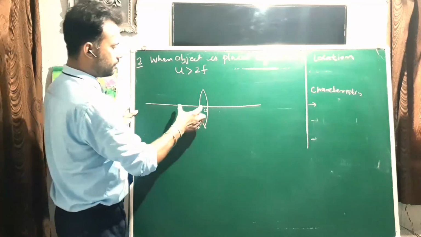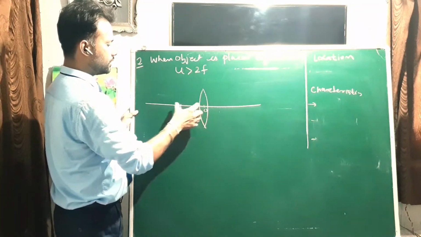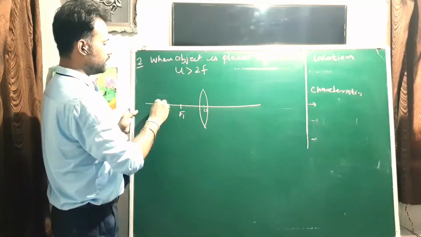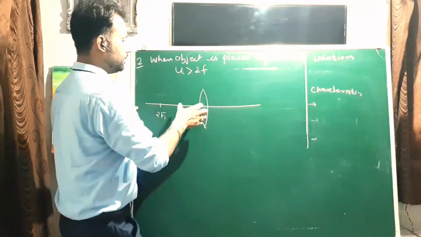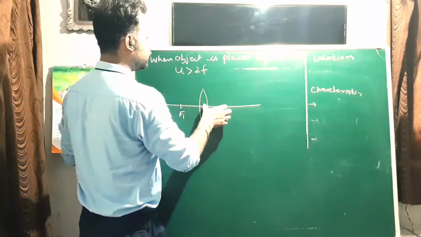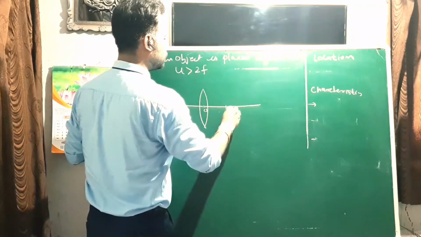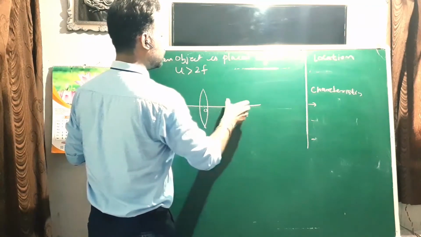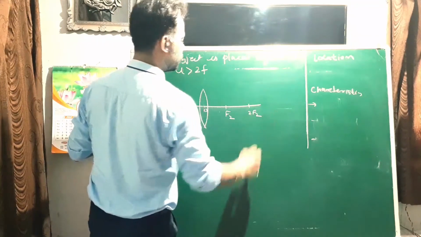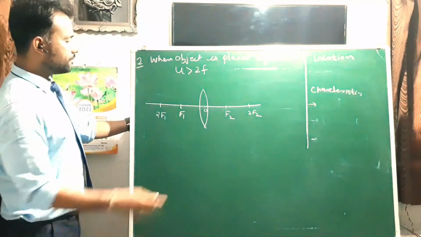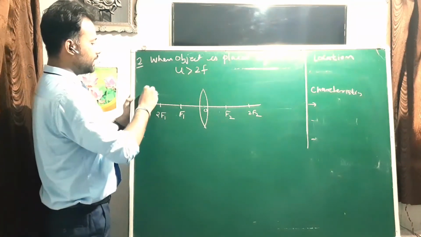Take twice the distance here; this will be 2f1. Similarly on the other side, that will be the focus f2, and this will be twice f2. Now the object is beyond 2f, so it is placed anywhere here.